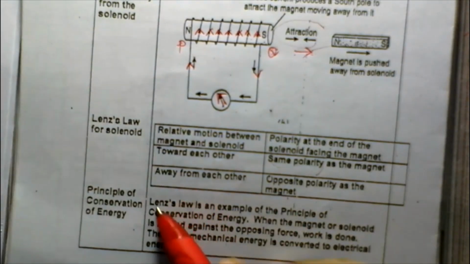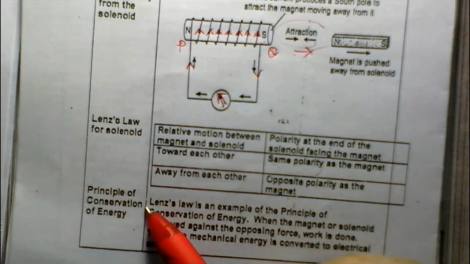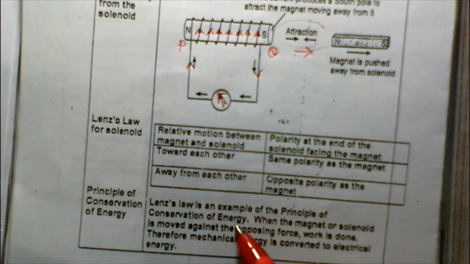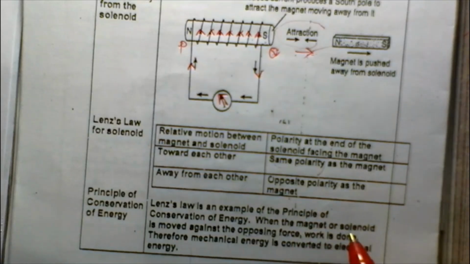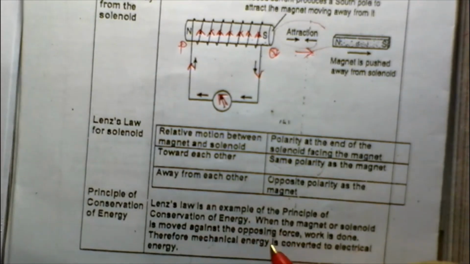Actually Lenz's law applies based on the principle of conservation of energy. So Lenz's law is an example of the principle of conservation of energy. When the magnet or solenoid is moved against the opposing force, work is done. Therefore, mechanical energy is converted to electrical energy. The relative motion is mechanical energy.